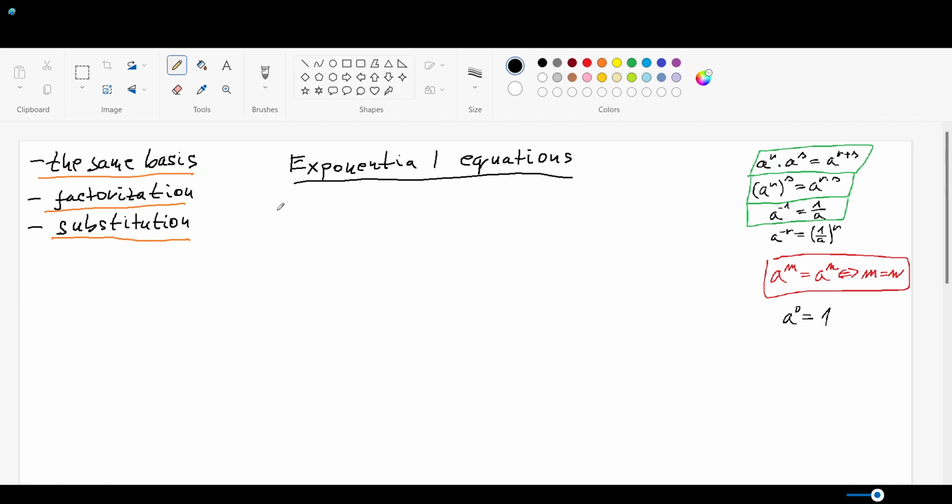So let's start. Our equation is 5 to the power of x plus 6 minus 3 to the power of x plus 7 is equal to 43 times 5 to the power of x plus 4 minus 19 times 3 to the power of x plus 5.